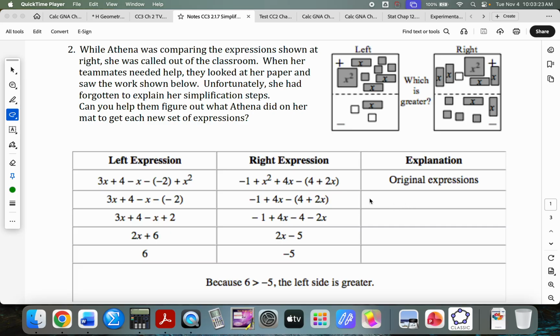All right, so she removed an x squared from both the left and the right. And that's part of the idea of keeping this balanced. If you take something away from one of them, you should take the same thing away from the other one.